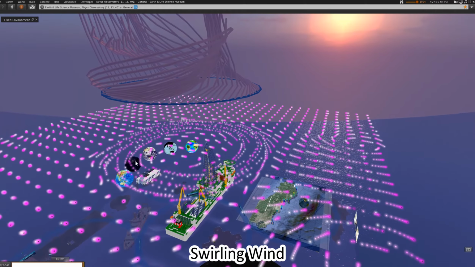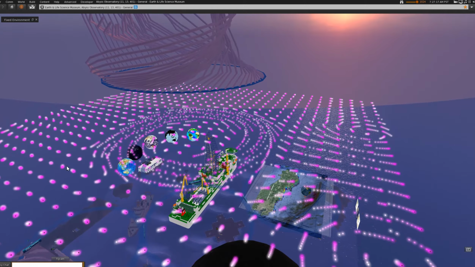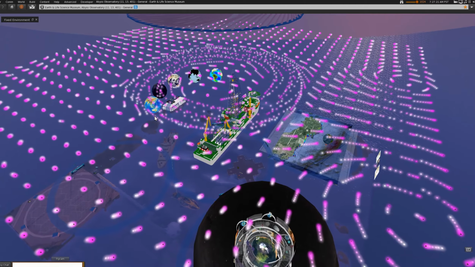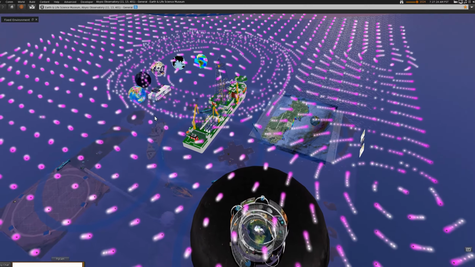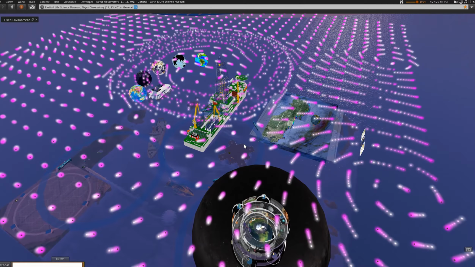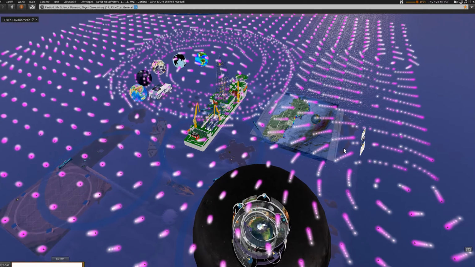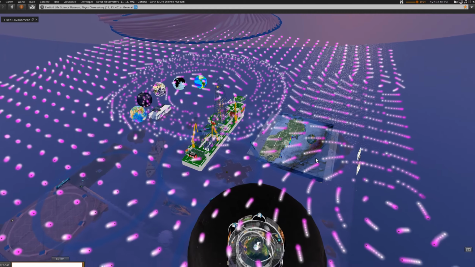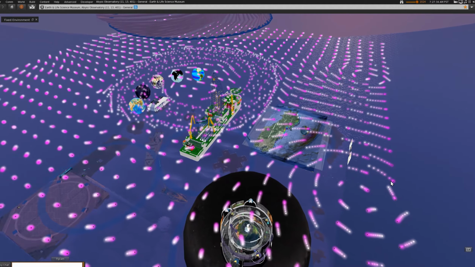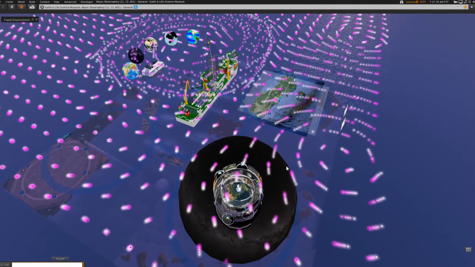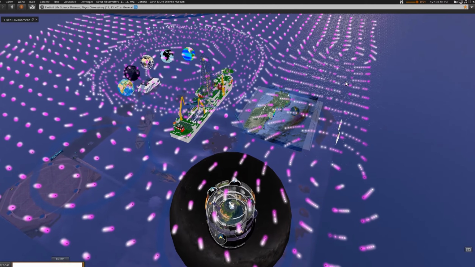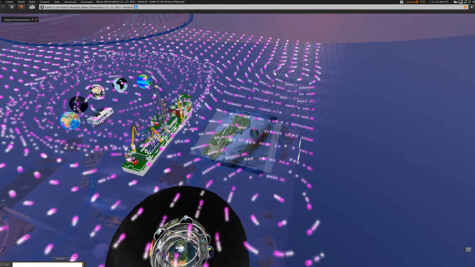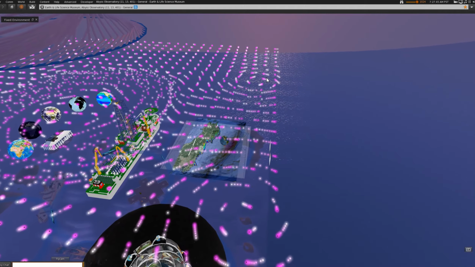So anti-clockwise means low pressure. So here is also low pressure, anti-clockwise, and this is clockwise, so high pressure.